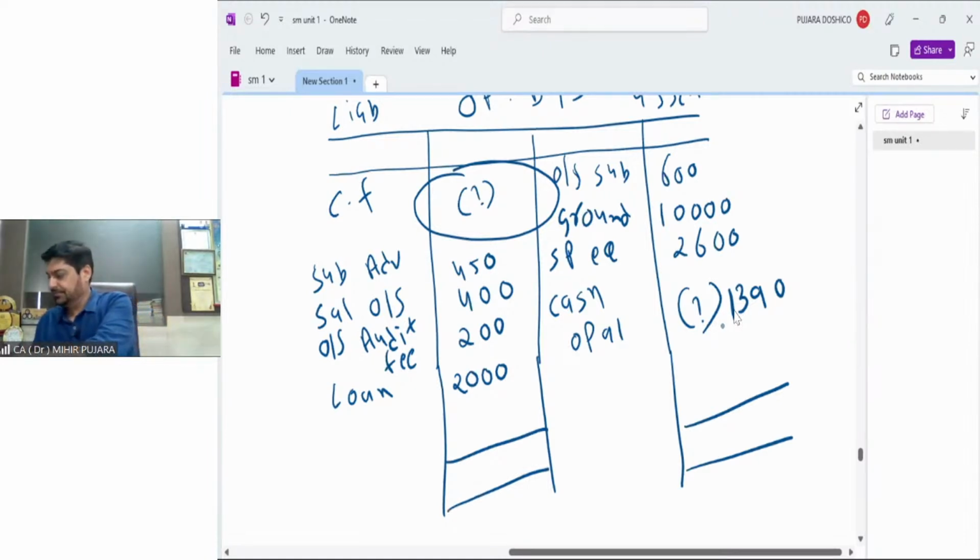Okay, guys. Now in the opening balance sheet, 10,000, 2,600, 600, 1390. So it is 14590.